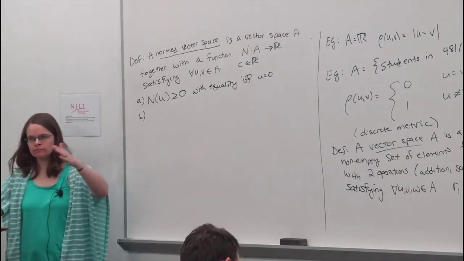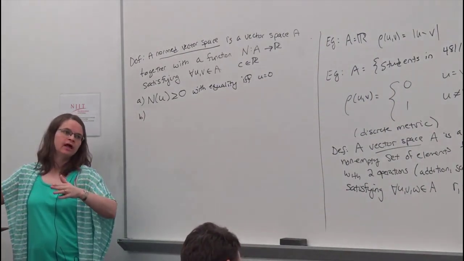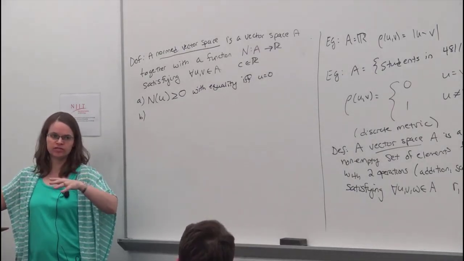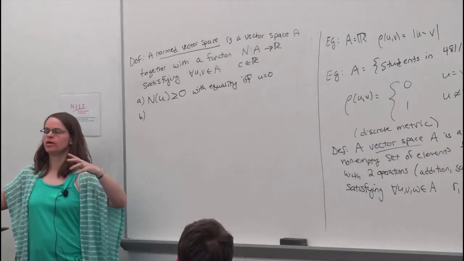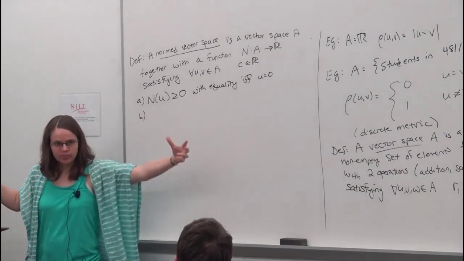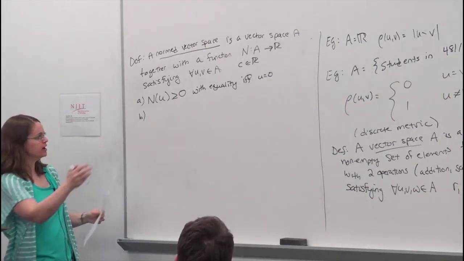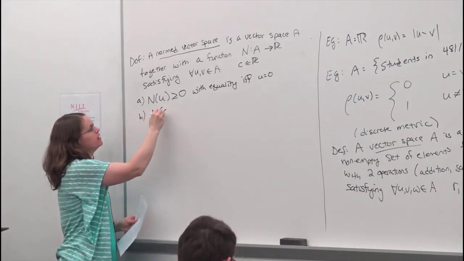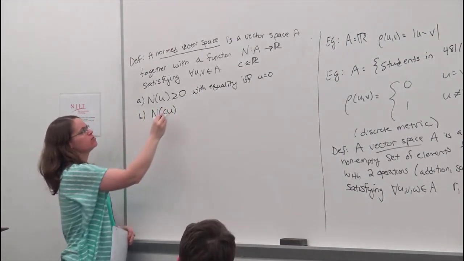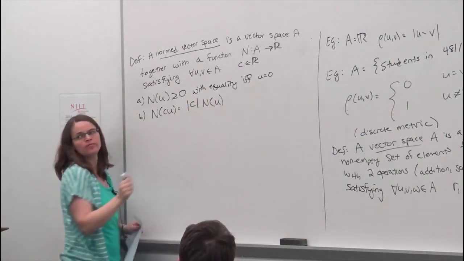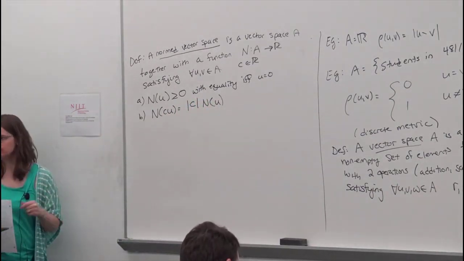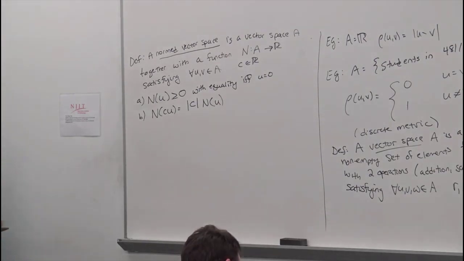If I take an object in my vector space and multiply it by some constant, I want to think of the size, the length of this object as being just rescaled by that constant factor. So that's the next condition I have for my norm: if I take u and multiply it by a constant, this should just be the absolute value of c times the norm of my original u, because we know we get positive or negative constants here.